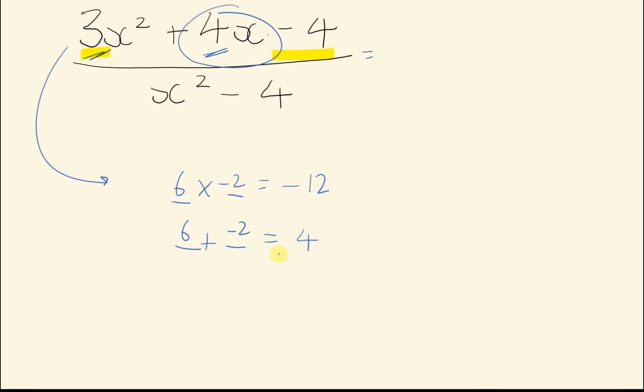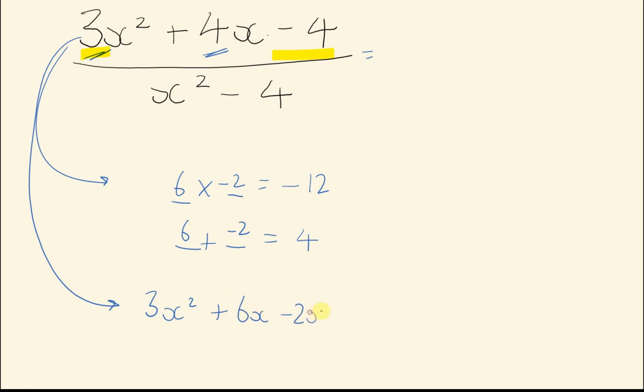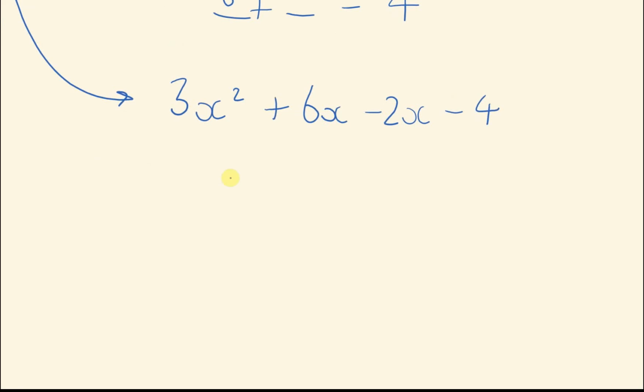So first we multiply and work this out. My second step is we need to write this again, but split that middle term using the two numbers we just found, which was 6 and minus 2. And then for our final step, we can now factorise this by using the grid method.